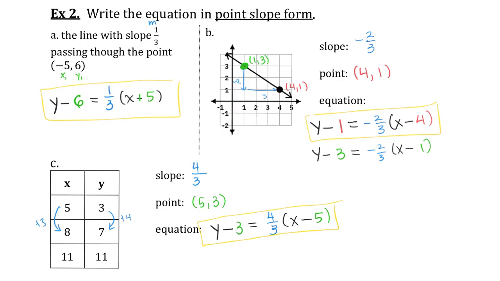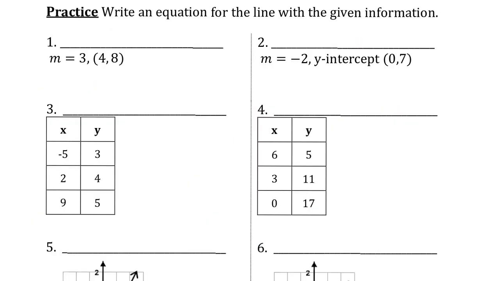So if I had used (8, 7), it would be y minus 7 equals 4/3 times (x minus 8). If I had used (11, 11), it would be this one. And if I were to change all of these to slope-intercept form, I would get the same answer. So I chose to do this answer, but this answer and this answer are equally correct. So do whichever one comes to you or looks easiest to you.